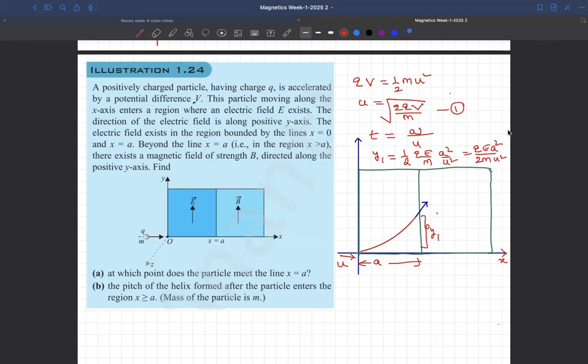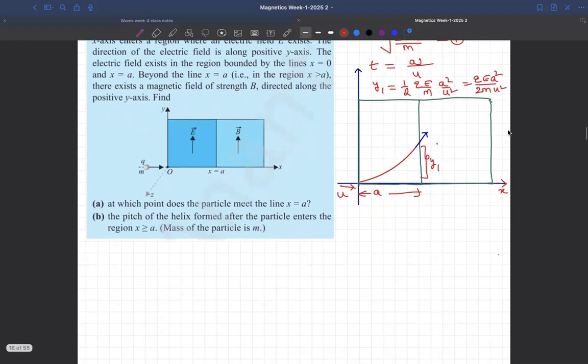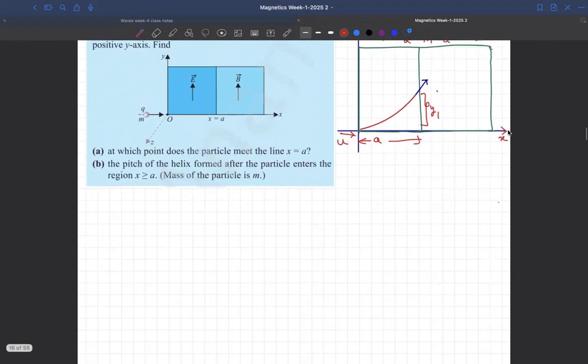Next, the pitch of the helix formed after the particle enters the region x greater than A. Now, what angle you are entering at, that also I want. So tan theta is Vy component by Vx.